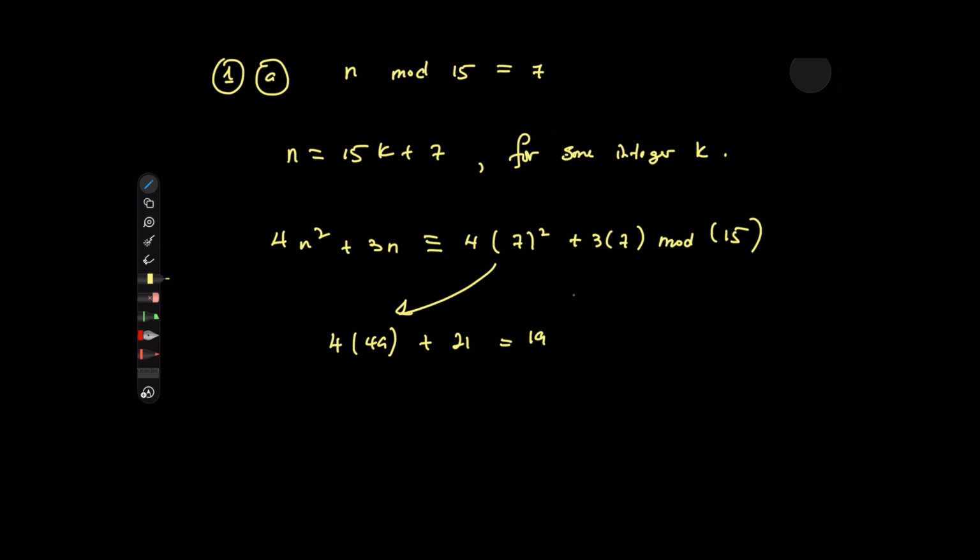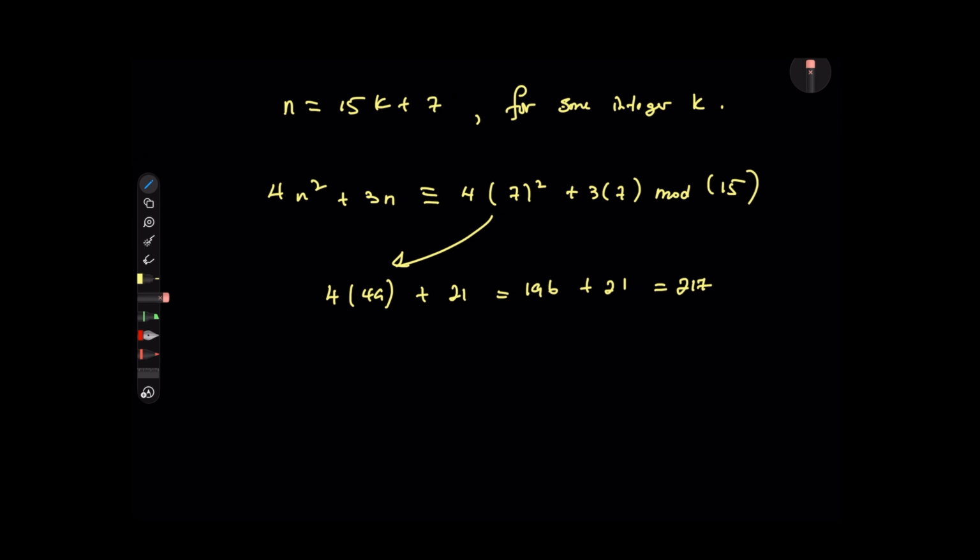So I get 196 plus 21, which is 217. Now I have to reduce 217.